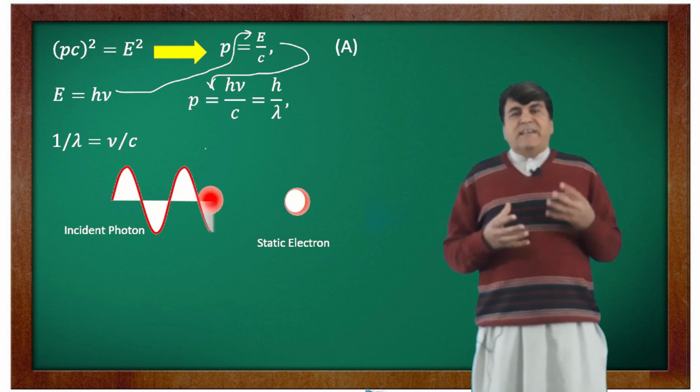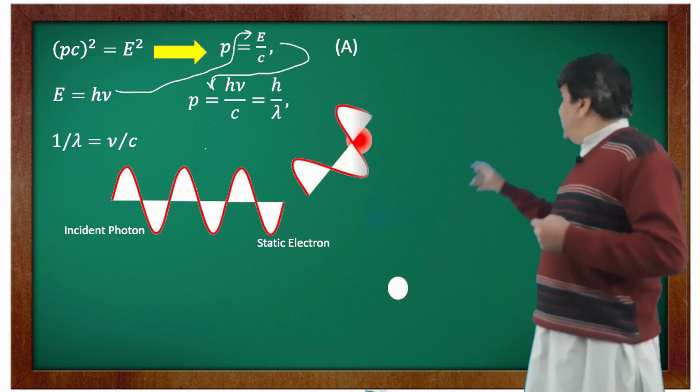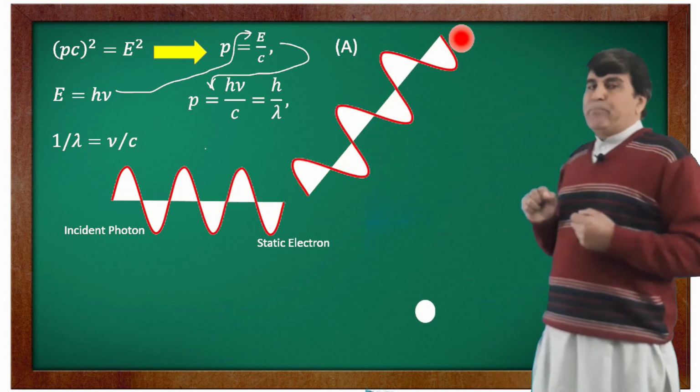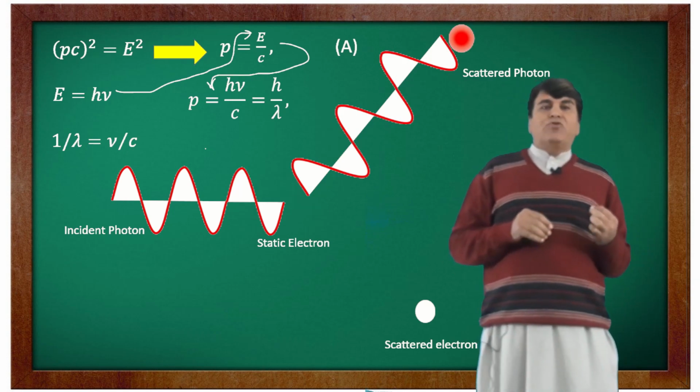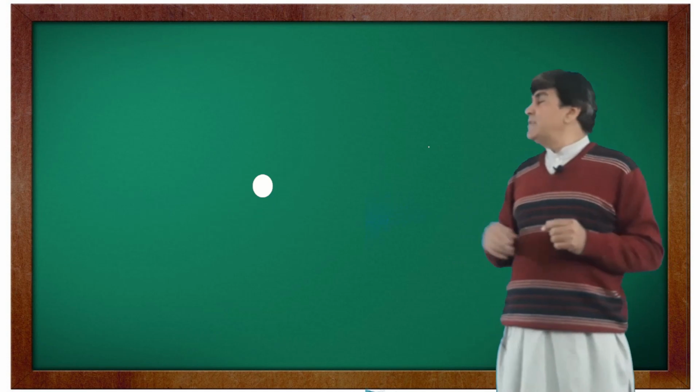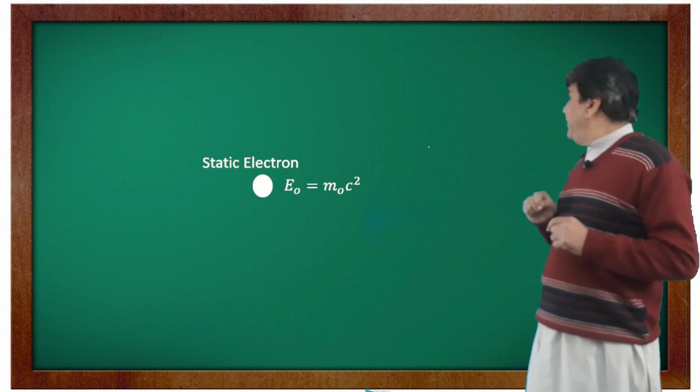Compton visualized his experiment as shown in the cartoon. Consider a stationary electron of rest mass energy E naught equals m naught c squared.